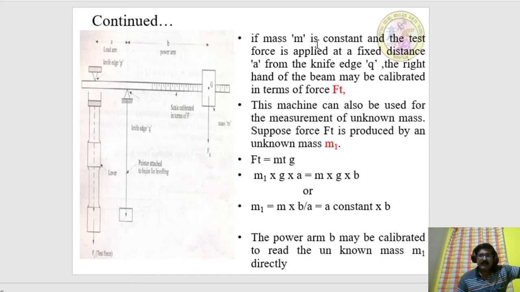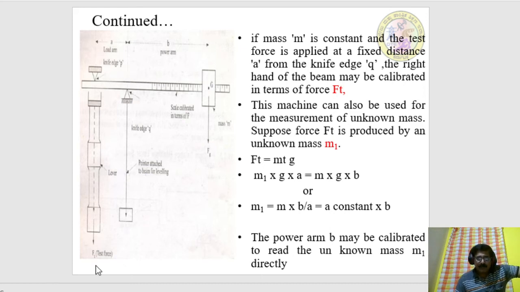Say if a mass m is a constant and the test force is applied at a fixed distance A with respect to the knife edge, see this is the knife edge. Now the right hand side of the beam may be calibrated in terms of Ft. This particular instrument or machine can also be used for the measurement of unknown mass.